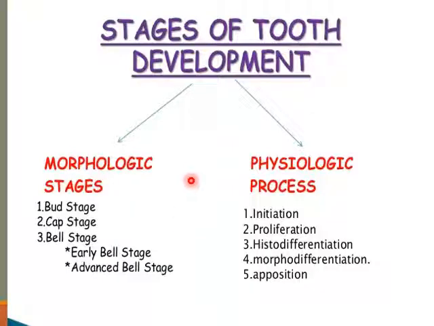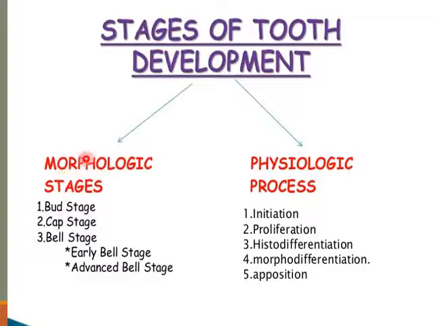So in tooth development, we have two kinds of stages: morphological stages and physiological processes. Morphological stages depend on the morphology of the enamel organ of the tooth germ.